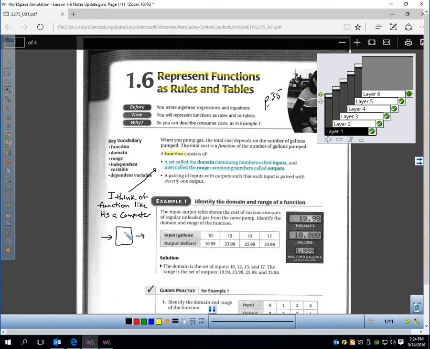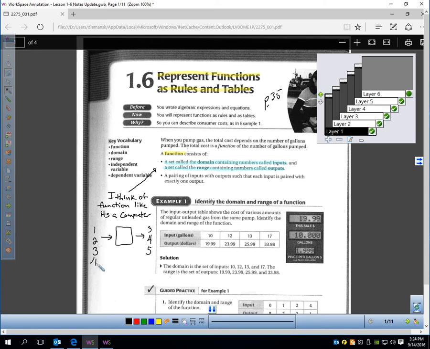Let's say I inputted 1 into my function, and the function outputted a 3. I then inputted a 2 into the function, and the function outputted 4. I inputted a 3, and the function outputted a 5. I'll do one more.